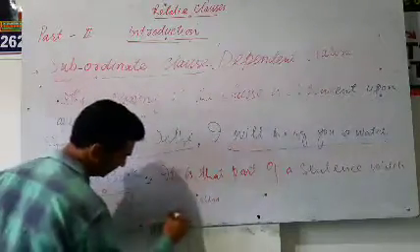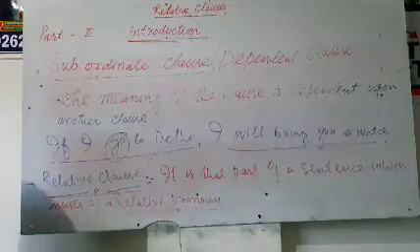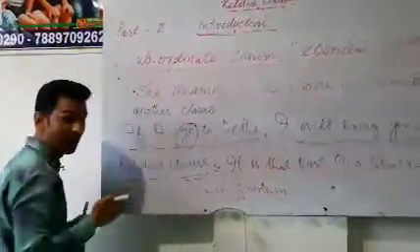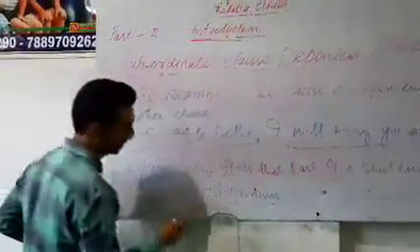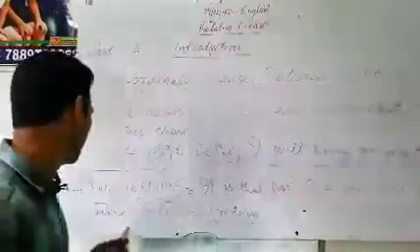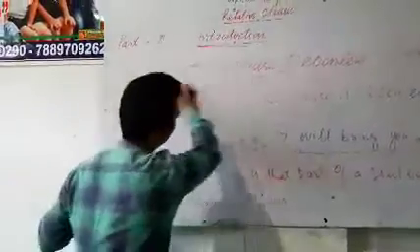Now another term takes birth over here, that is, relative pronoun. Specifically we are proceeding towards relative clauses. This is our topic. But before going through relative clauses, it is necessary for us to learn relative pronouns. Before proceeding, I will give you an example of a relative clause.